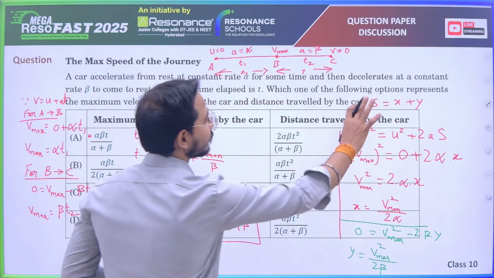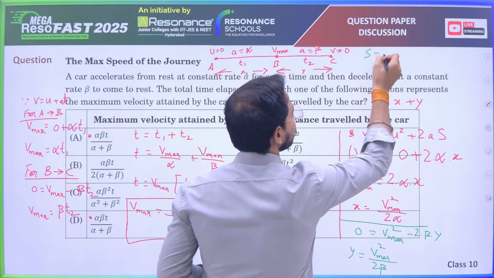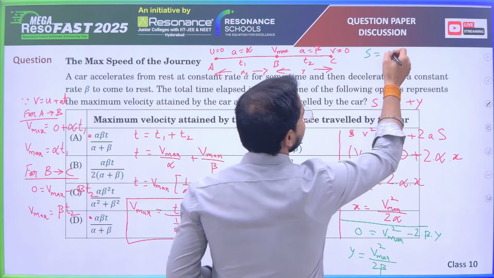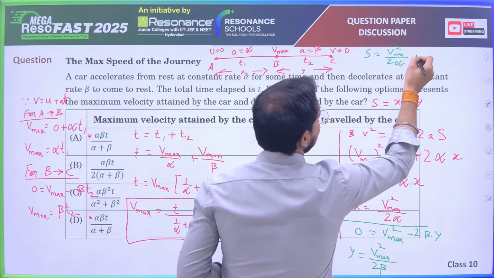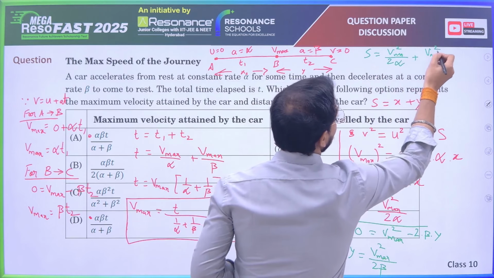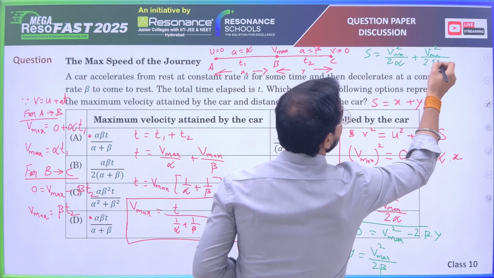So this is the value of x and y. Total distance is equal to x plus y. Substituting their values, we have Vmax square upon 2 alpha plus Vmax square upon 2 beta.